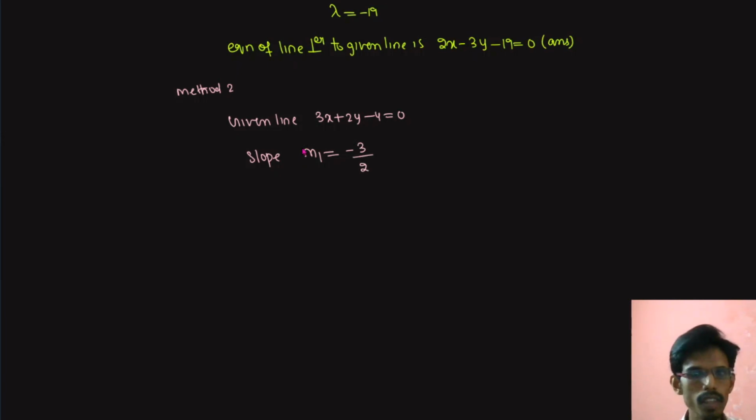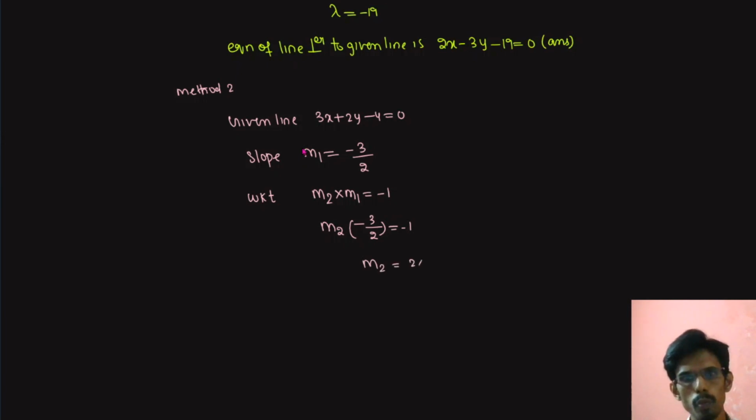Now we know that the product of slopes of perpendicular lines will be -1. So m2 into m1 will be -1, where m2 is the slope of the required line. So m2 equals 2/3, just the reciprocal with opposite sign.